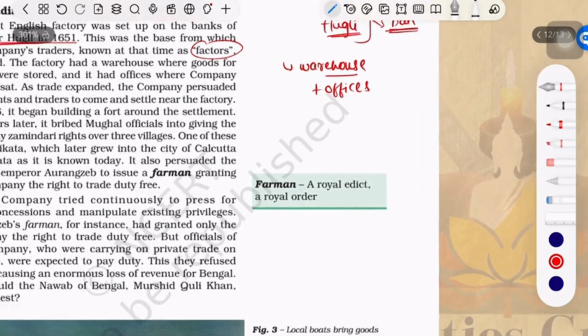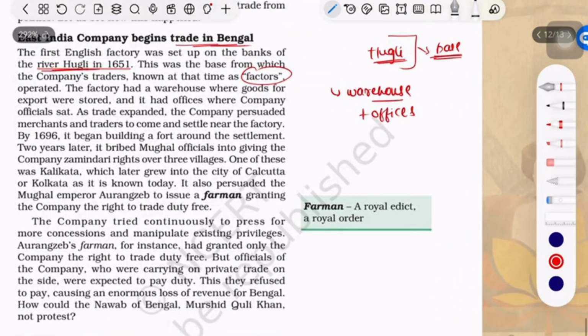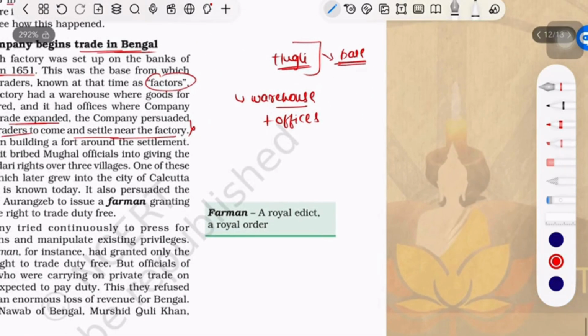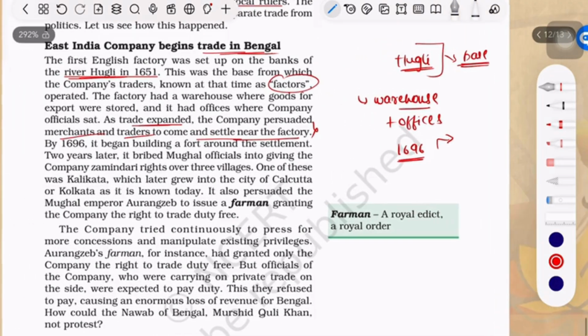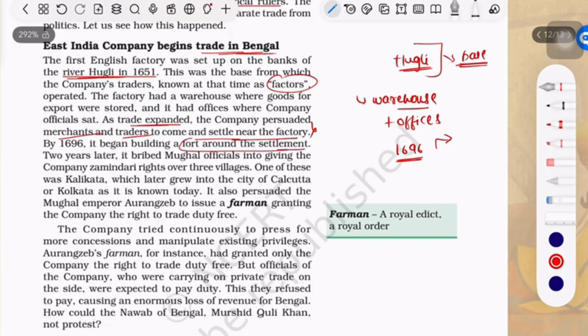Now slowly what is happening is that trade expanded. So the company persuaded the merchants and traders to come and settle near the factory. Why? Because if merchants and traders are there, they'll bring more trade, more profit, right? So by 1696, that is important, a fort was built around the settlement.